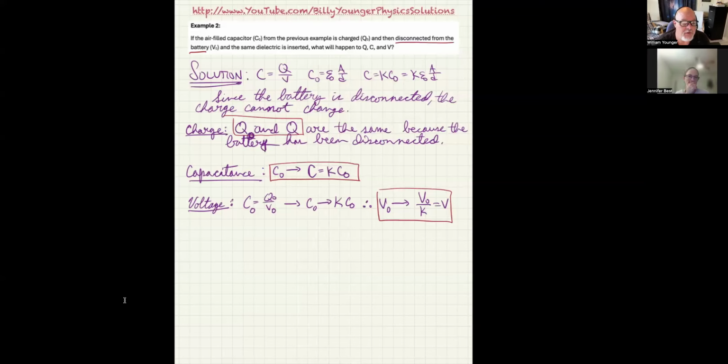Equation 24.10, this is what we're talking about here. It turns out that we can understand the voltage going down, because what's going to happen is when we add a dielectric, the electric field will go down.